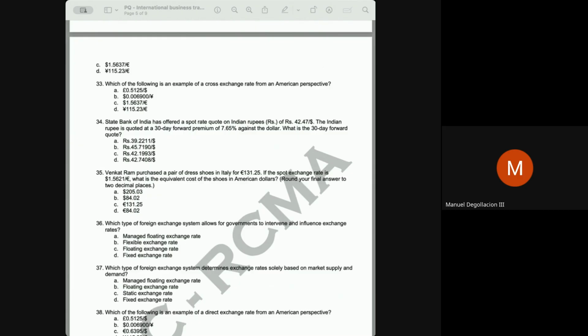Okay, so basically, since it's a premium, you're looking for a higher conversion rate.